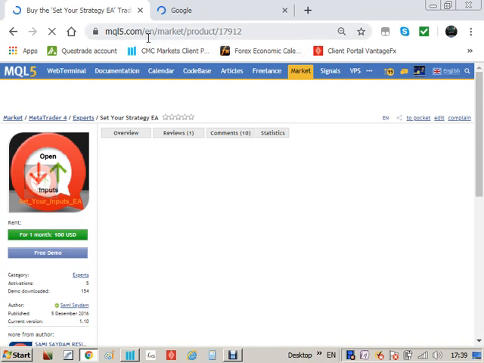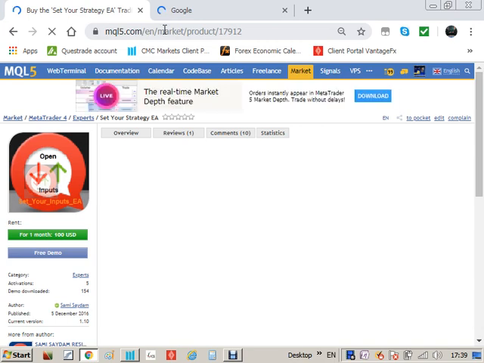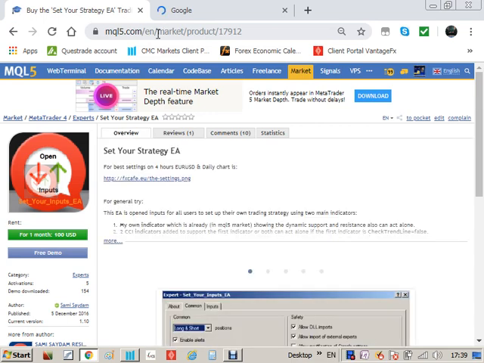MQL5 is the MetaTrader owner's website. They create the MT4 and they allow traders to program software to fit with the MT4, and they allow you to sell your software or expert advisor on their website after they check it and certify it.